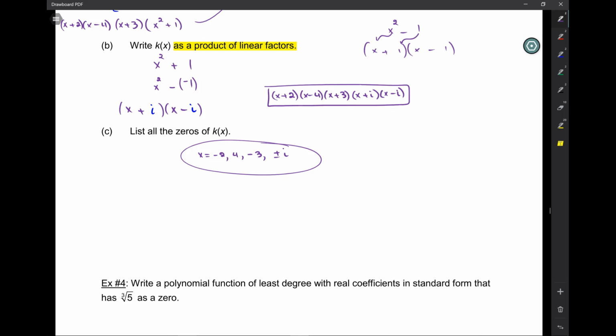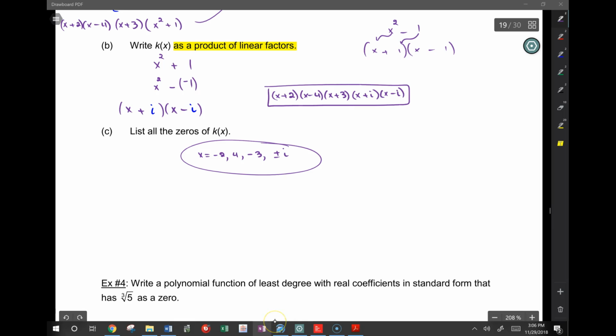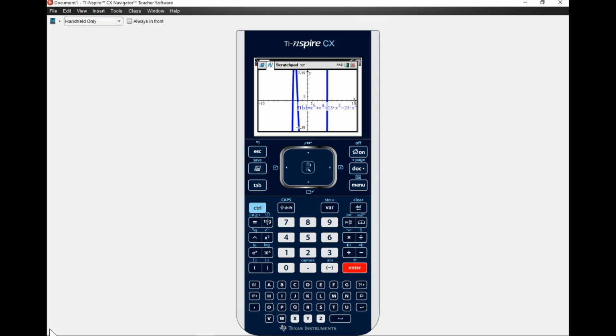So now, how did I... This is the graph of that function. Listen. On the homework, I don't want you to sit there and try every single one until you get one with a remainder of 0.